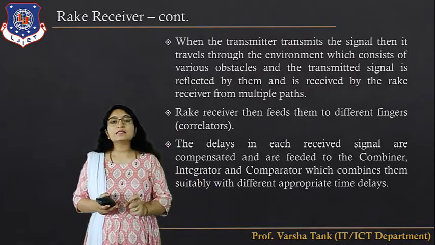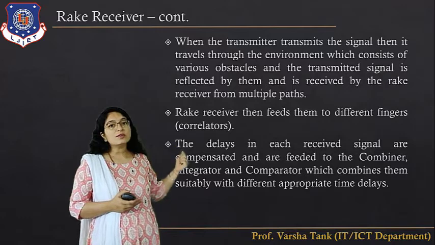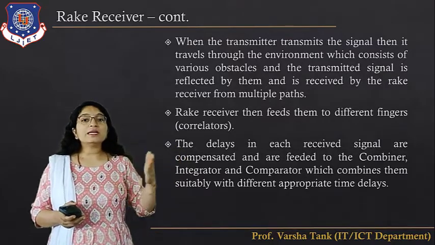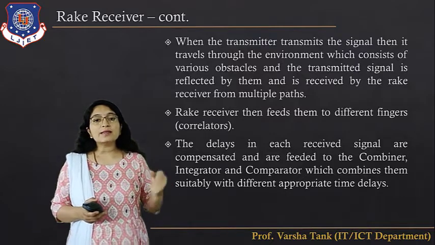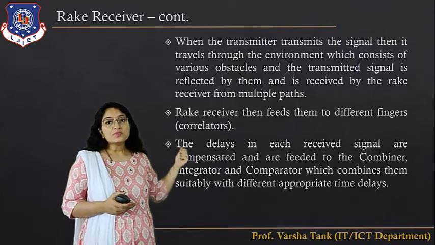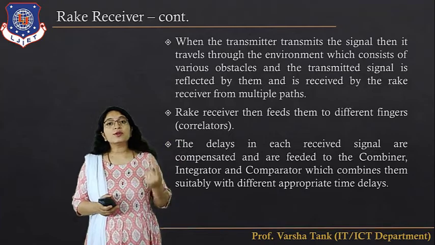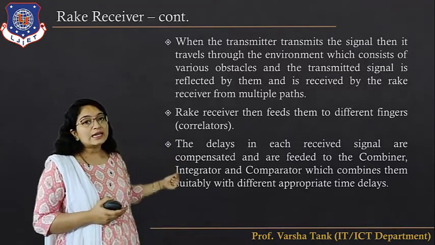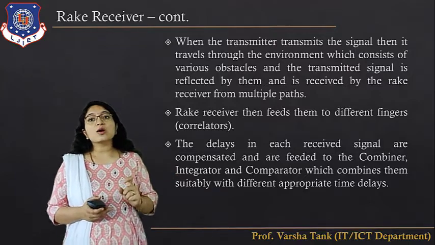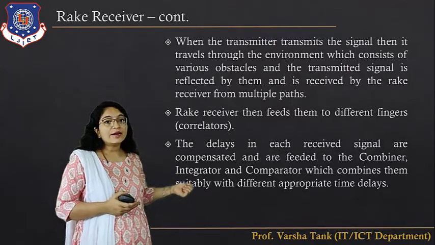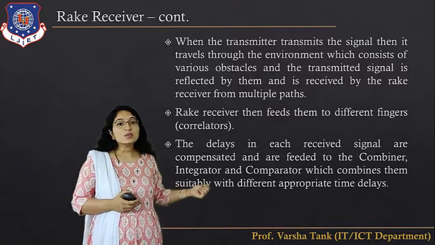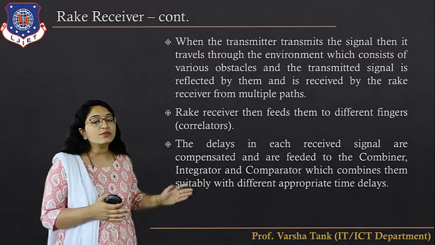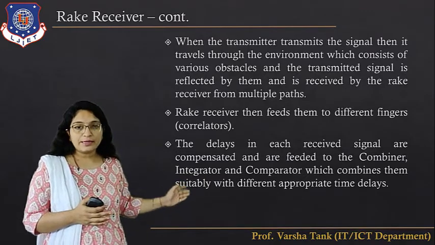The transmitted signal is reflected by them and is received by the rake receiver from multiple paths. The rake receiver then feeds them to the different fingers, that is, different correlators, and the delays in each received signal are compensated and fed to the combiner, that is the integrator and comparator, which combines them suitably with appropriate time delays.